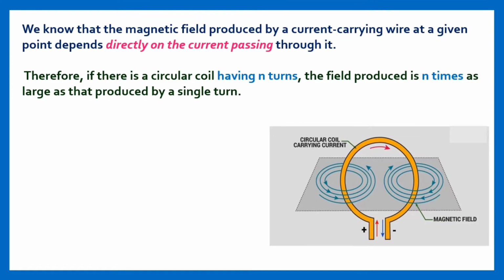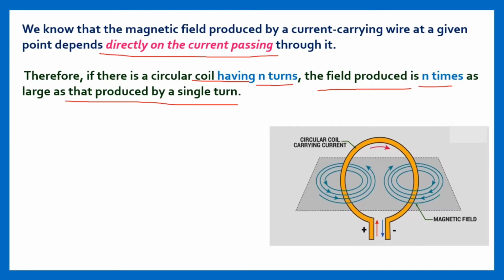We know that magnetic field produced by a current carrying conductor at a given point depends directly on the current passing through it. Therefore, if there is a circular coil having n turns, the field produced will also be n times as large as that produced by a single turn.